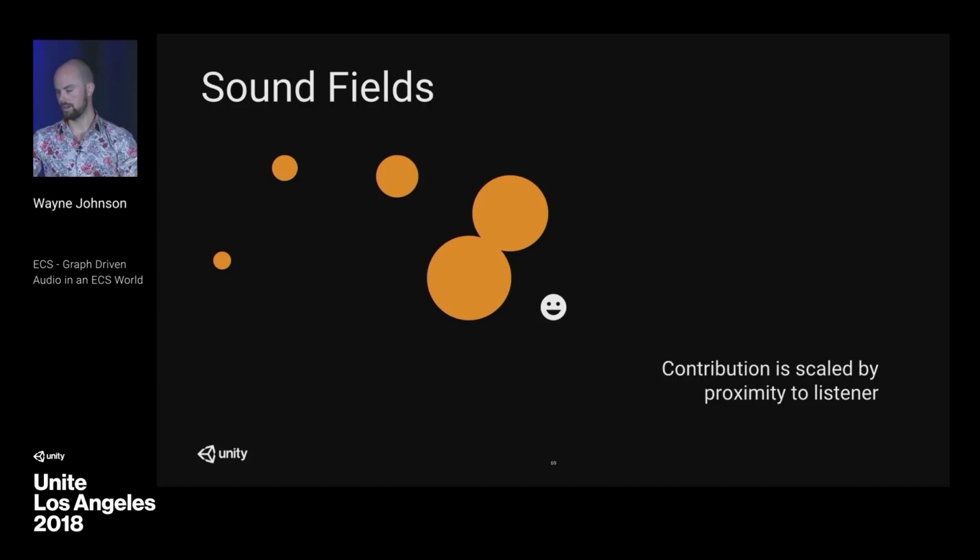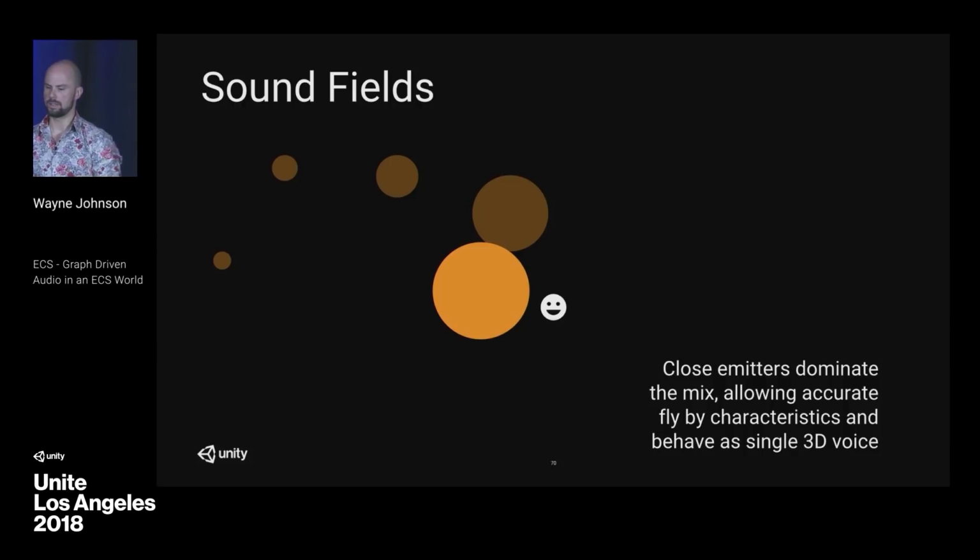So ultimately, as something comes whooshing by really close, that dominates the sound field mix completely. So you still have this nice feeling of 3D immersion as you fly past one thing, and it contributes completely to the mix. It flies by in 3D, and then its contribution is calculated frame by frame back out into the main cluster of the sound field.